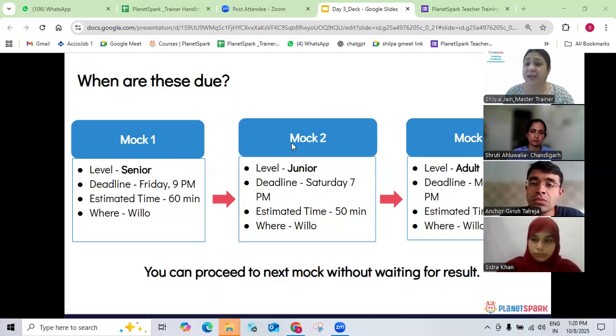Don't make this mistake. Keep on attempting your mocks. The results would be declared in one go. We have 1,000+ teachers in all the batches combined, and it becomes a difficult, tedious task for the team to evaluate each and every mock. So sometimes the results are delayed. Do not wait for the results. Keep on attempting all the 3 mocks as per the deadlines.